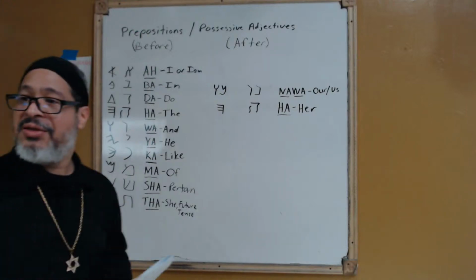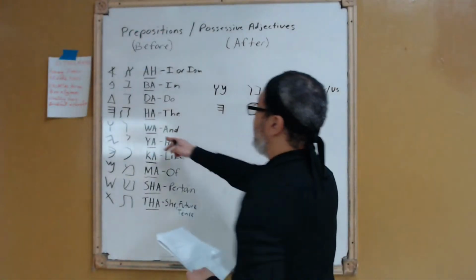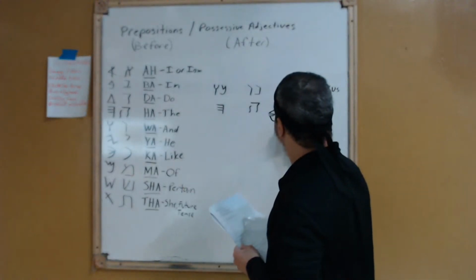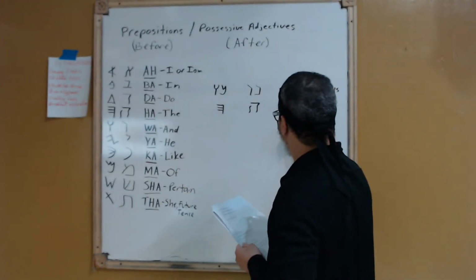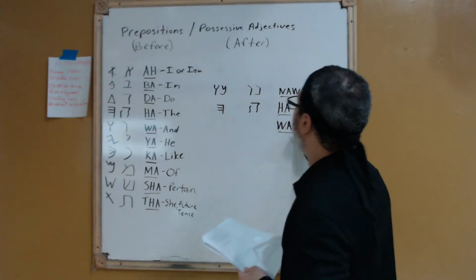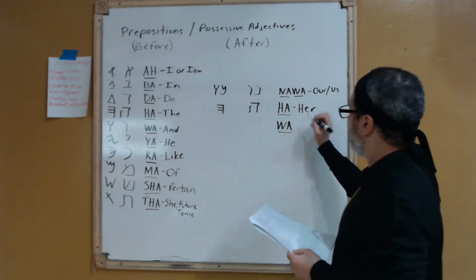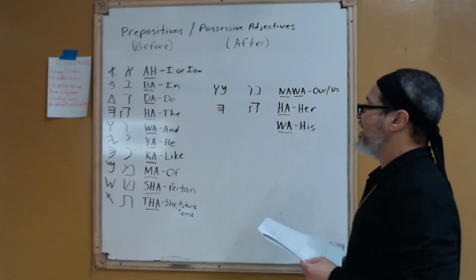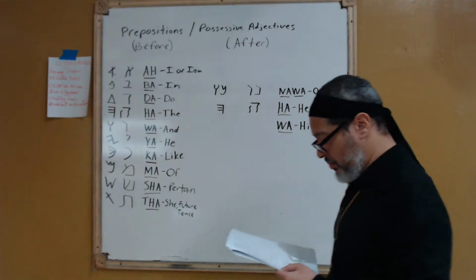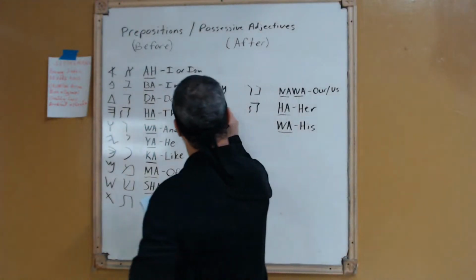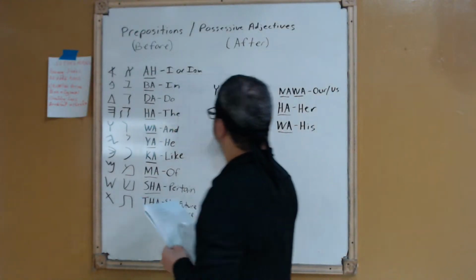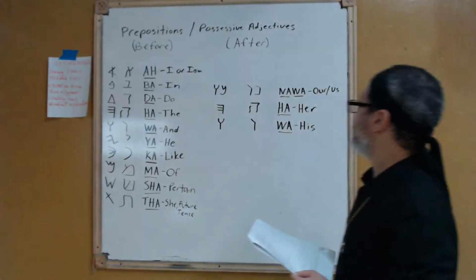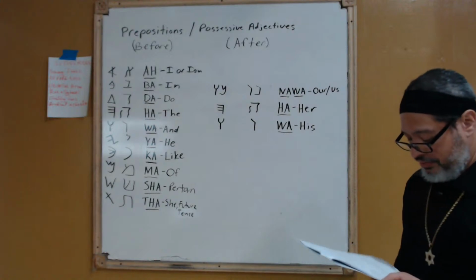Next, we have the wa. Same symbol over here, except now we're using it at the end of the word. And when it appears at the end of the word, it can mean "his". So in the ancient again, wa. And in the modern, wa. The end.